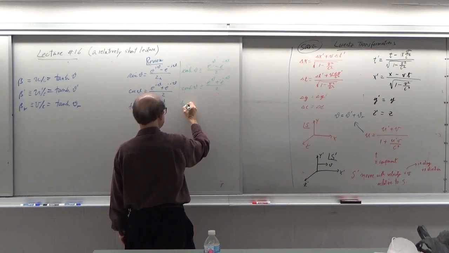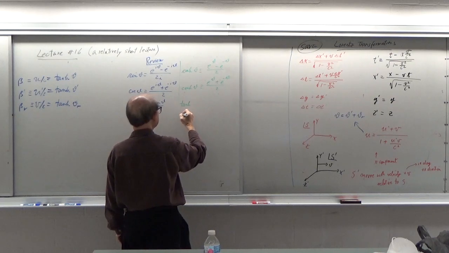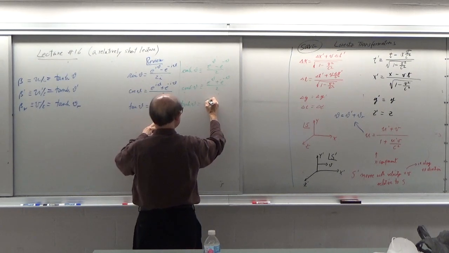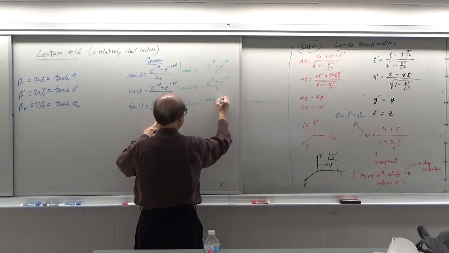And the hyperbolic tangent is defined to be the hyperbolic sine function divided by the hyperbolic cosine of theta.